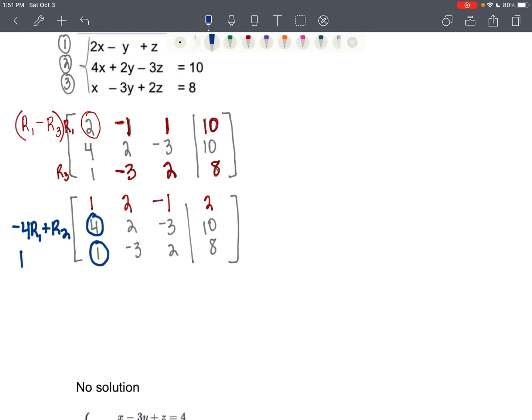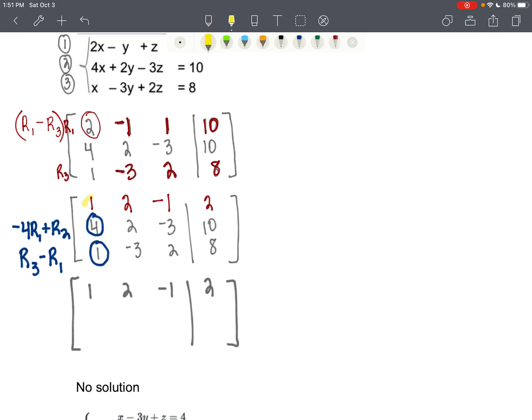I'm also going to take row 3 minus row 1. So what's going to happen? Row 1 stays the same. And now let's worry about this right here.